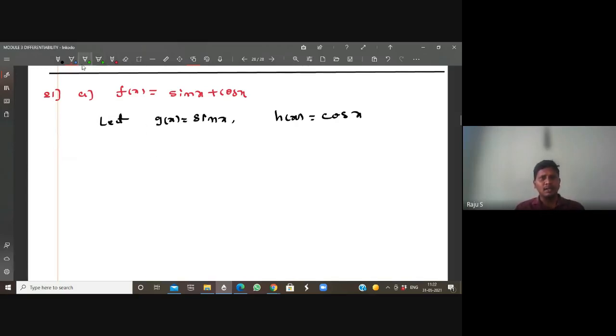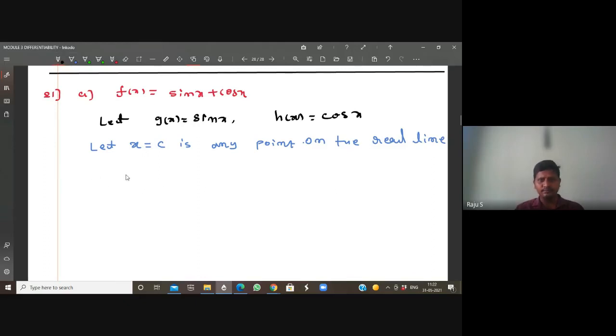But mathematically, let us do it at a certain point. Let x equal c, any point on the real line.